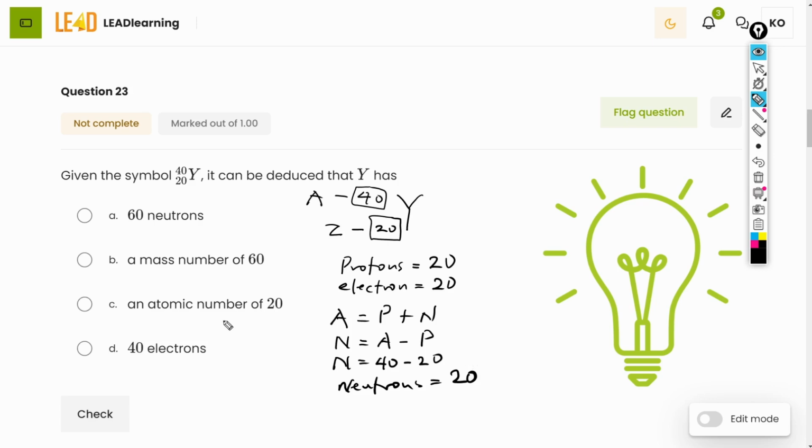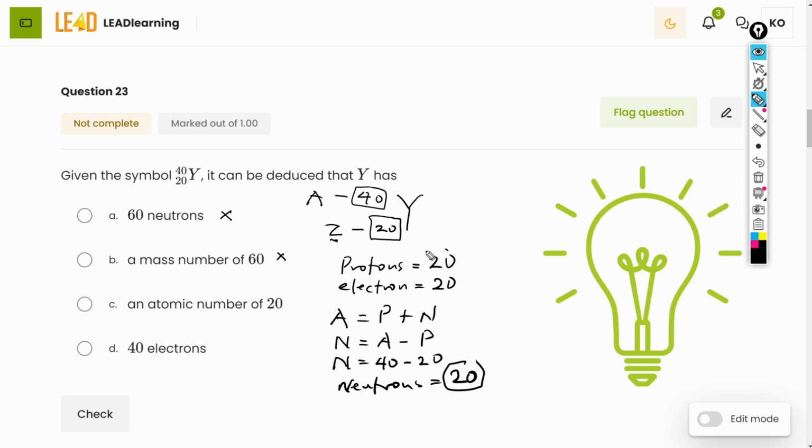So let's look at our options. Given the symbol 40/20 Y, it can be deduced that Y has 60 neutrons. We've established that the neutrons are 20, so this is not true. A mass number of 60: the mass number or atomic mass is 40, so this is not true. An atomic number of 20: atomic number is the same as proton number.